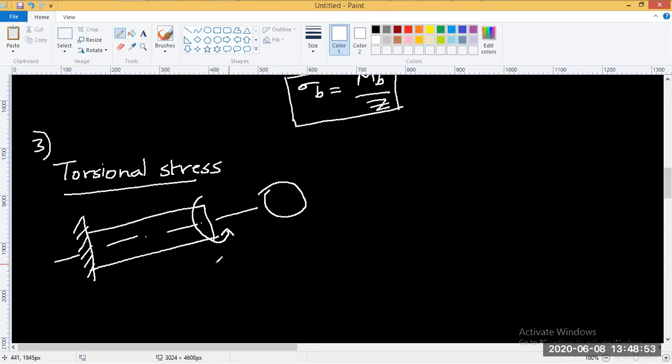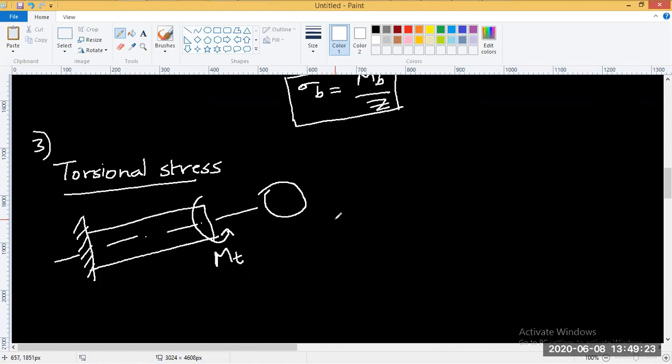So you call it torque. Torque is denoted by Mt. So you're applying the torque directly, and you want stress out of this. Let's say you want to design a shaft, and you know how much torque you're applying. Torque again, units are Newton mm, right? So you need to see how much stress you are encountering in this.